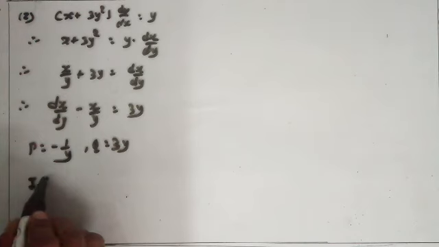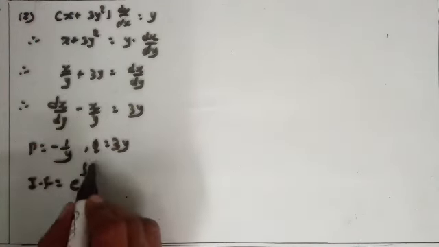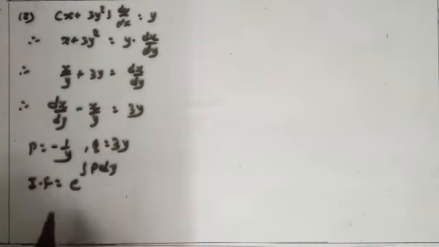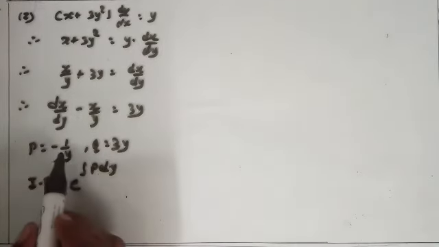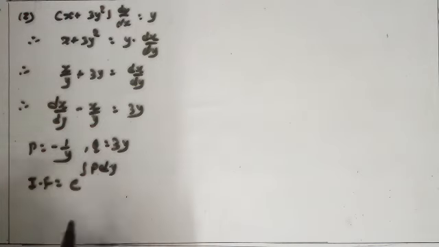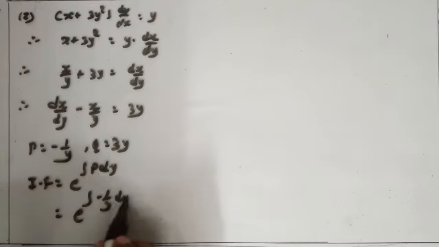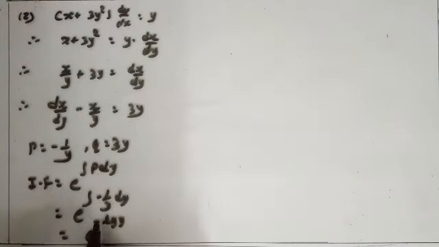Now integrating factor IF is equal to, we know that e raised to integration of p dy, p is a function of y, so we get integration with respect to y, is equal to e raised to integration of minus 1 upon y dy, is equal to e raised to minus integration of 1 upon y, that is log mod y, minus.